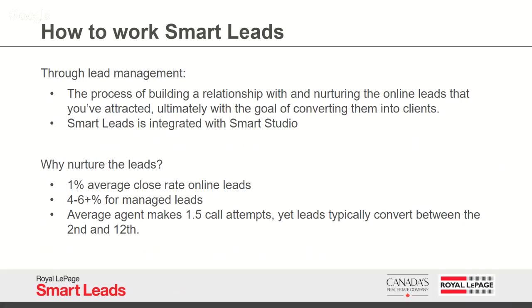Managed leads go 4 to 6% and even higher from what you'll hear from one of our speakers. And the reason why the managed leads go higher is because of the persistence of outreach. A lot of agents, most agents only make 1.5 call or email attempts. Nevertheless, leads will typically convert between the 2nd and the 12th attempt, but not many people go that far.